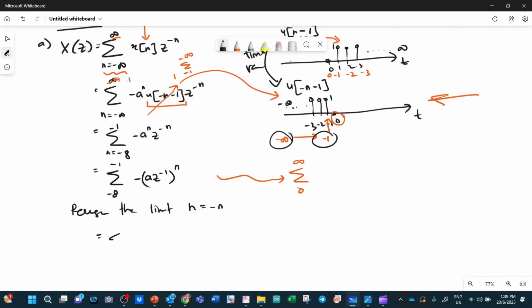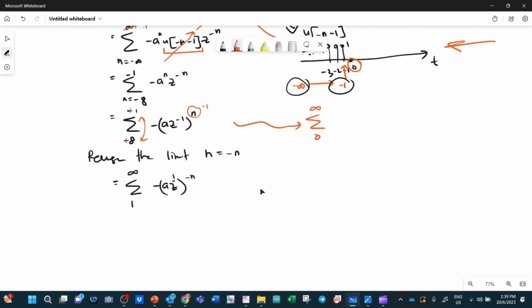Therefore, we rewrite this as, since we want to reverse that, the sum goes from 1 until infinity, and we multiply by minus n, giving minus (a z^(-1))^(-n). So the n value you multiply by minus 1, and this one you also multiply by minus 1, so negative and negative become positive.